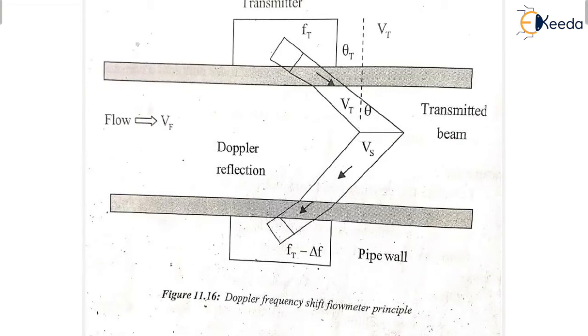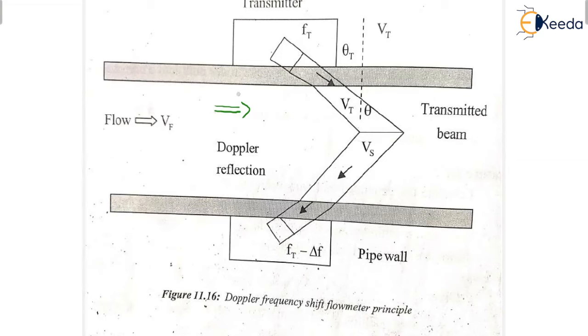In this one, I am going to take the flow of the liquid inside the pipe, my dear students. Here what I am going to do is measure the flow rate of a fluid carrying suspended particles.